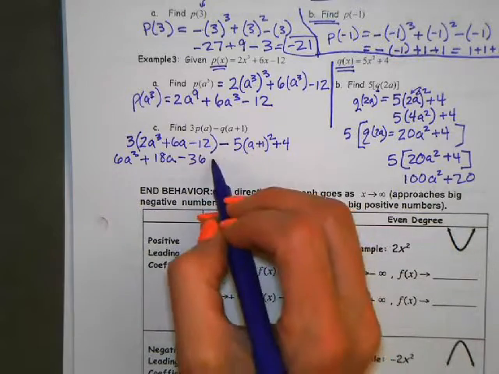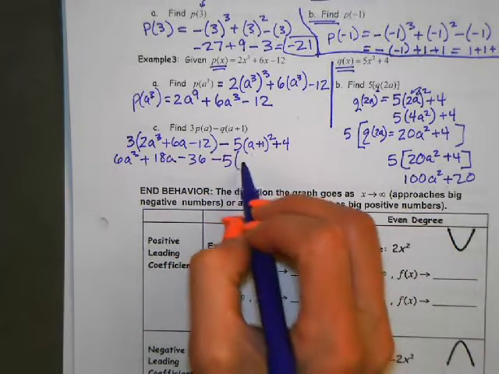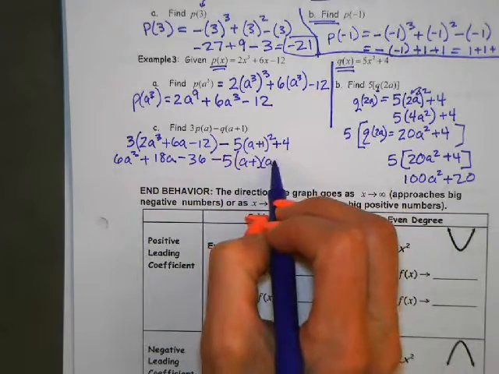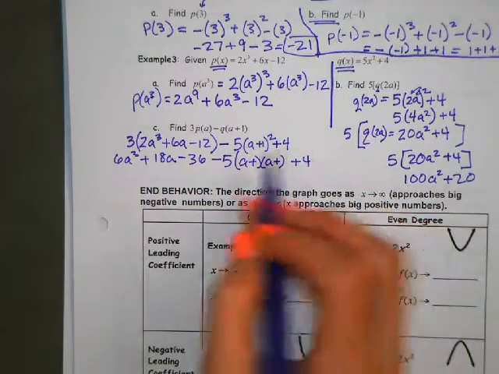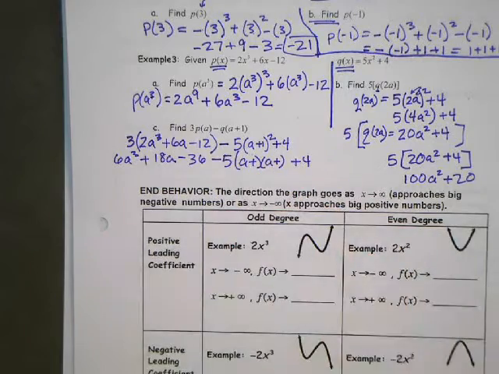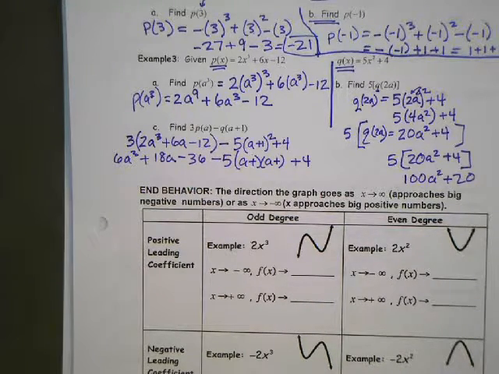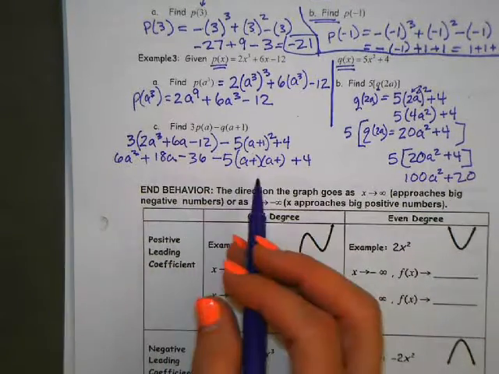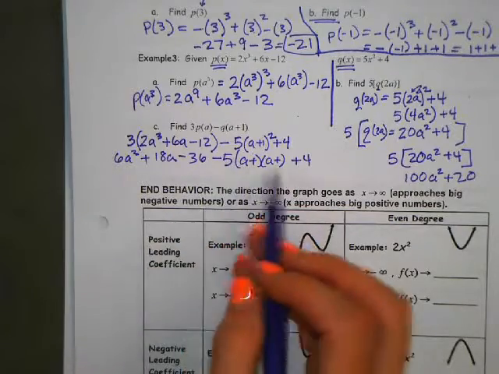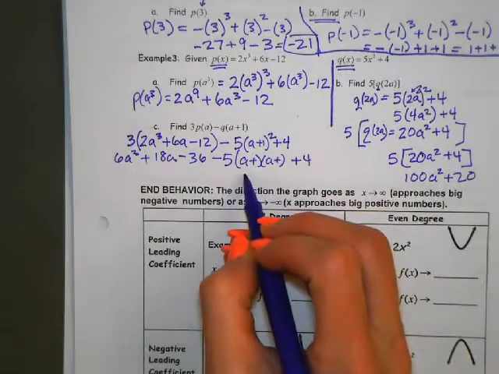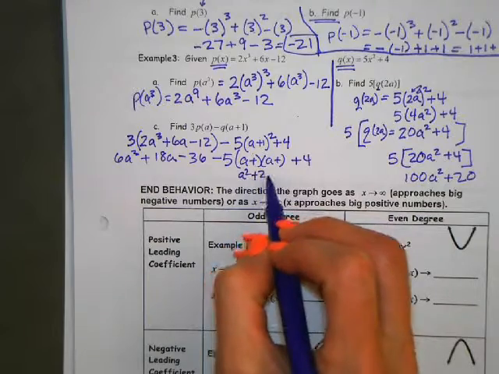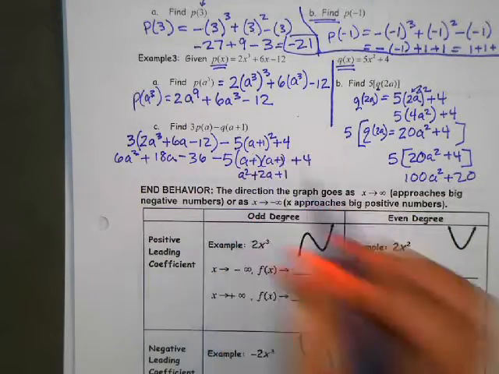This one becomes minus 5, and this is going to be a plus 1 times a plus 1, plus 4, because that's a plus 1 squared. This is helping you guys study for your final, because this is all basic math that's going to be on it. So if I work this here, this becomes a squared plus 2a plus 1.